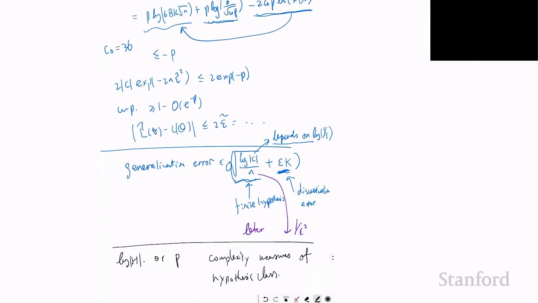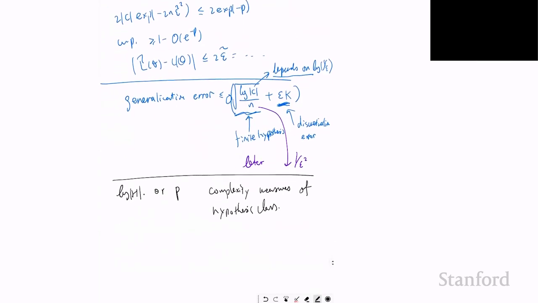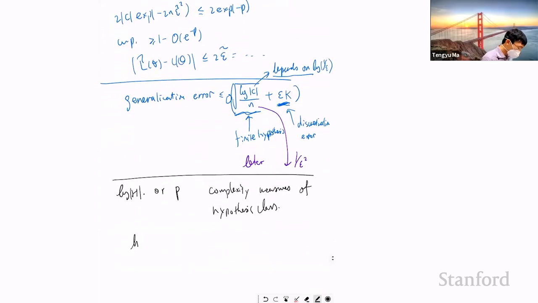The general phenomenon is that if you have a bigger h, you have a worse bound, which means you need more samples to learn.